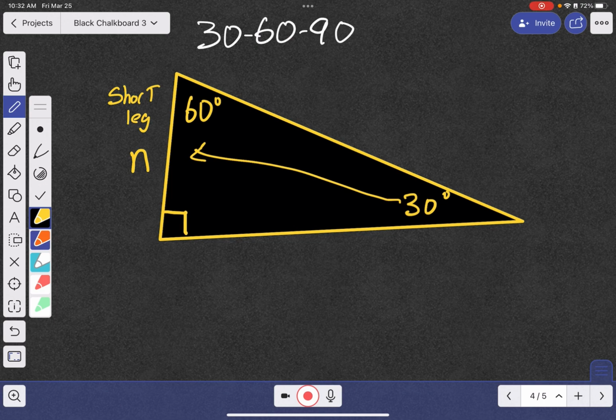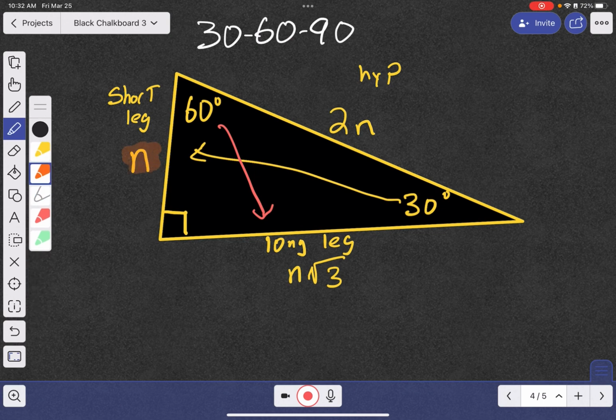The hypotenuse, which is this side right here, is going to be 2 times n. The hypotenuse is 2n. I know 60 is twice 30, so shouldn't that be twice? No, it's not. It's a Pythagorean theorem thing. The long leg, which is the side opposite the 60 degree angle, the longer of the two legs, is going to be n times the square root of 3.